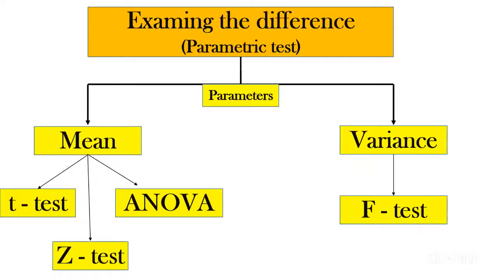Okay, so we will see one by one in detail. Today I will be covering t test and z test in this session. ANOVA we will see in tomorrow's session.